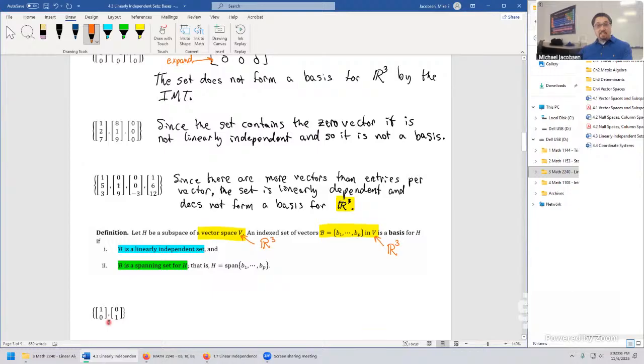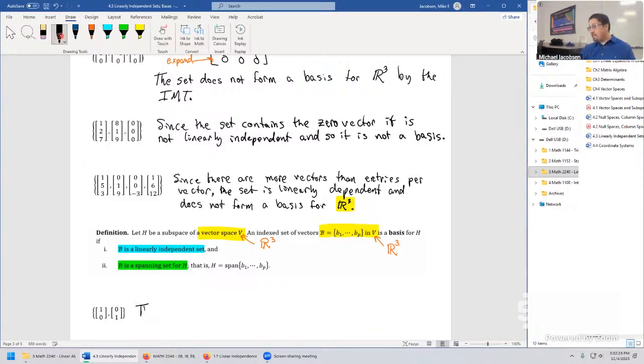This is linearly independent. It's also a spanning set for R2, but the question was, is it a basis for R3? And it's automatically no, because the vectors didn't even come from R3 in the very beginning. So watch out for these weird problems like the last one on this set here.